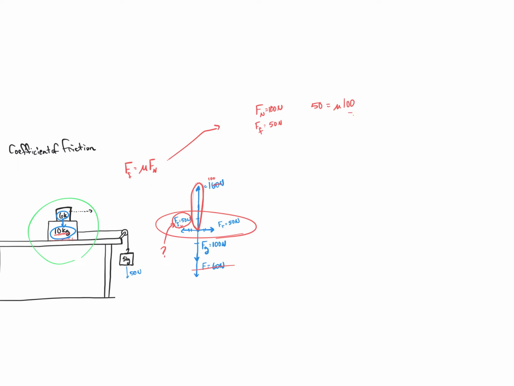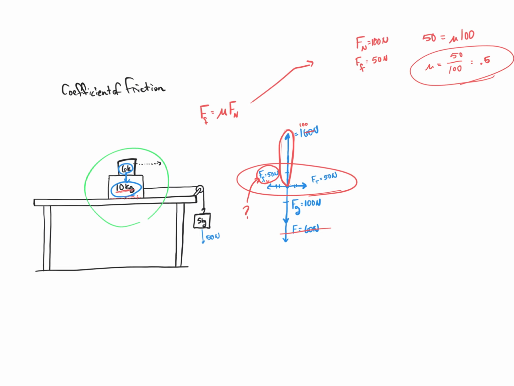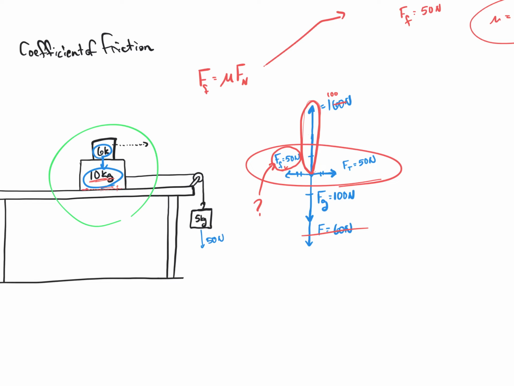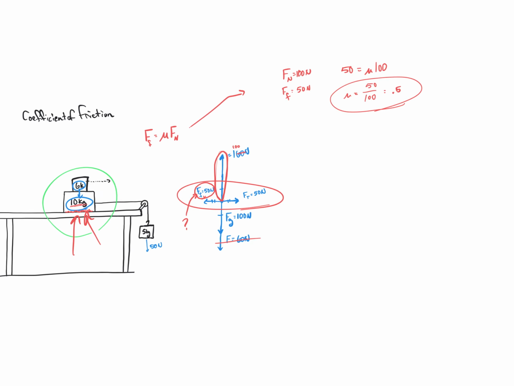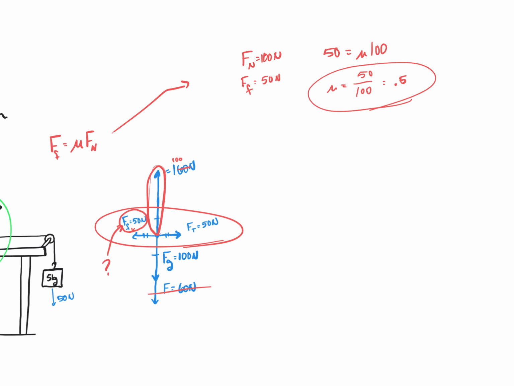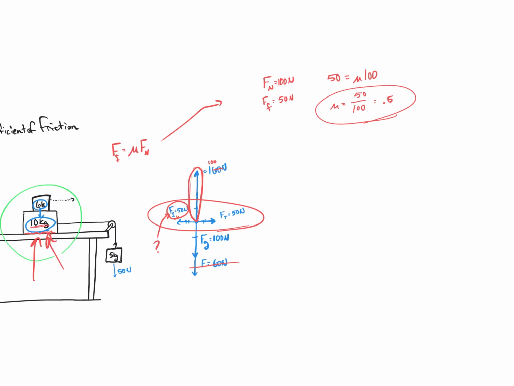Divide both sides by 100, and I get mu is equal to 0.5. So that number, that 0.5, is dependent, again, on these surfaces that are interacting with each other. So that would be a sort of set value, that the coefficient of friction is 0.5 between those two substances.